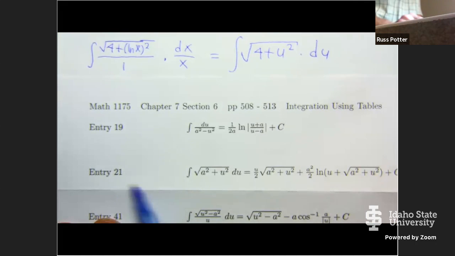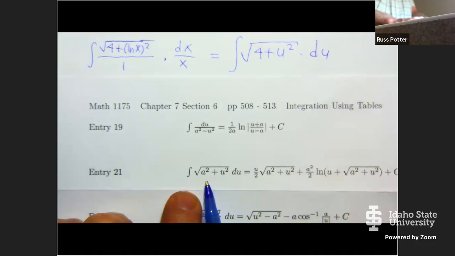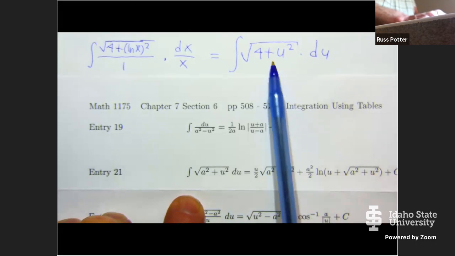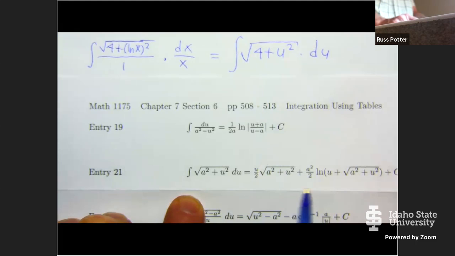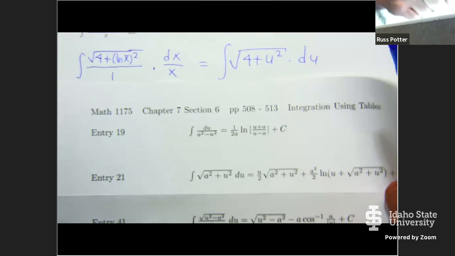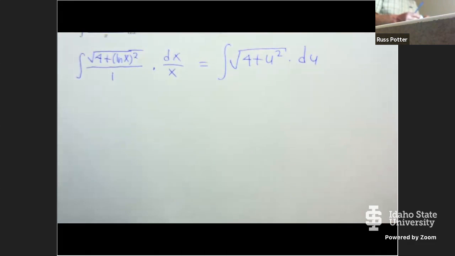Yeah, it looks like entry 21 is the one that we want. The indefinite integral of the square root of a squared plus u squared du. That looks like what we have here. Let's see.